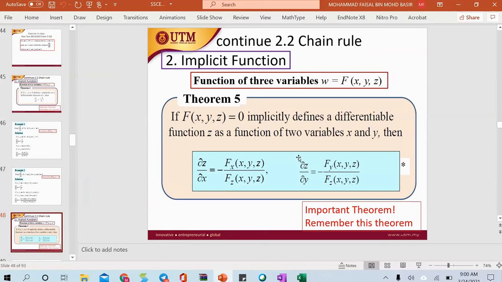Del z del y will be negative fy over fz. So why don't we have del z over del z? Can anyone guess? We have del z del x, we have del z del y, but why don't we have del z del z? Why?